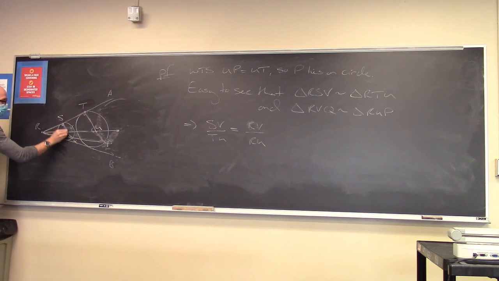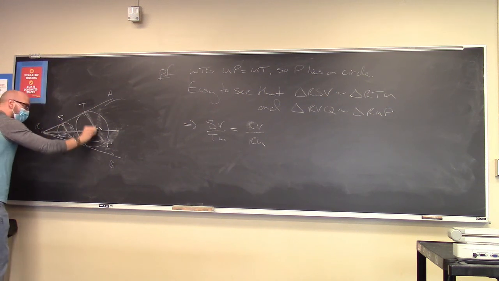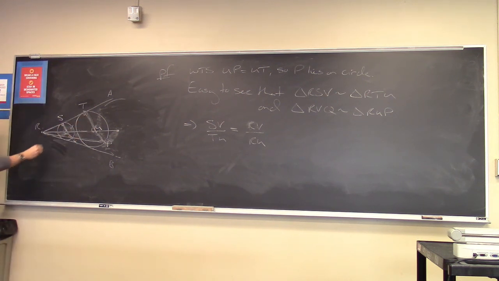Right, so this side of this triangle compared to this side of the bigger triangle is the same ratio as this side of the small triangle over this side of the big triangle.